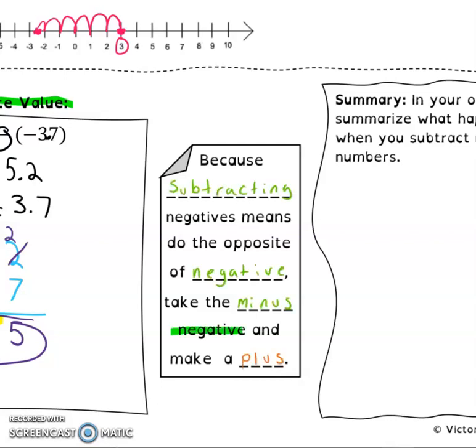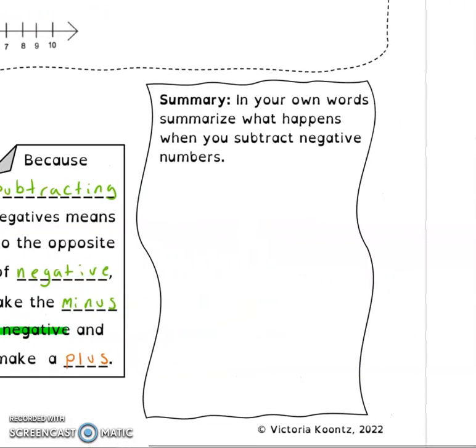All right, so because subtracting negatives means do the opposite of negative, you take the minus negative and you just make one single plus. All right? So here we go. In your own words, summarize what happens when you subtract negative numbers. Okay? This is important for you to do. Make sure you do this.